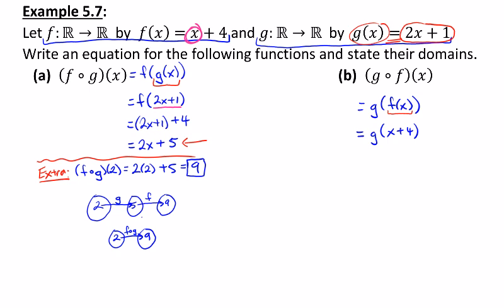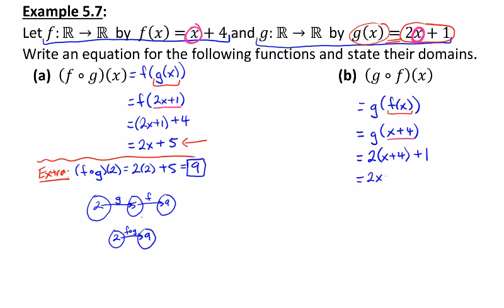Then I'm going to take the x plus 4 and use that as the input for g. Where it says x in the equation, I'm going to replace it with x plus 4. So this is going to say 2 times x plus 4 plus 1.